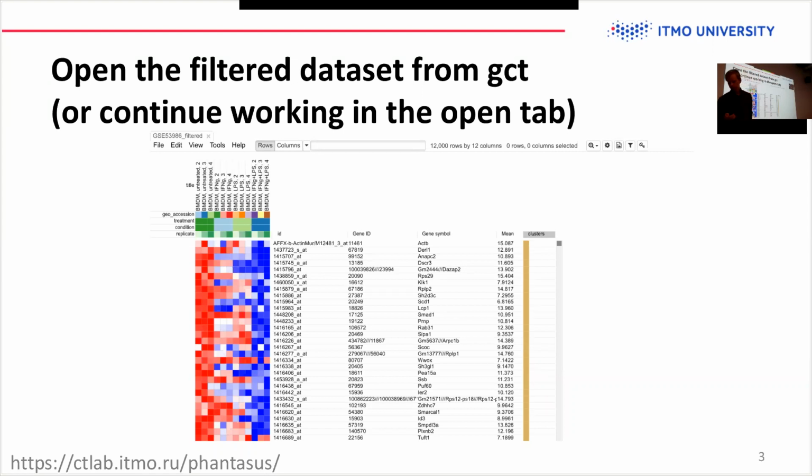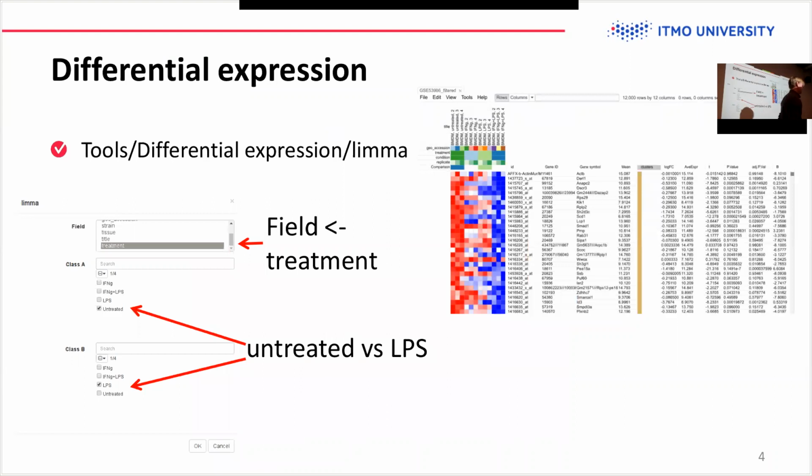The first type of analysis is very simple, and the most used type of analysis in bioinformatics in gene expression data analysis. This is so-called differential expression, where we try to find genes that have different expression between two conditions of interest. For this, in Phantasus, we have this tool called Limma, an R package for linear models.